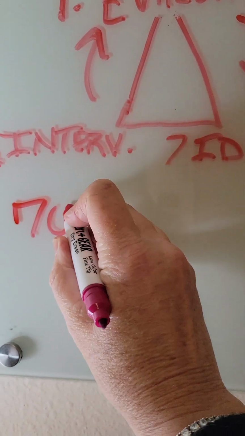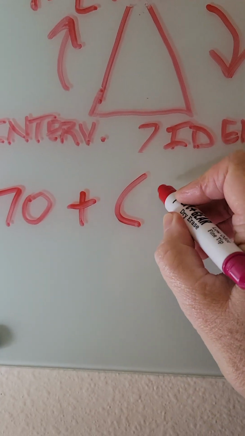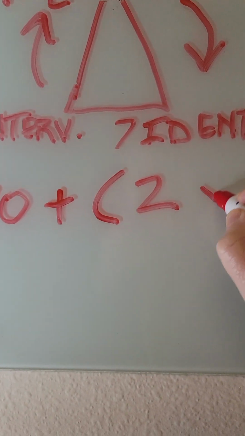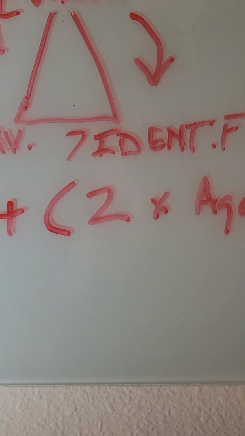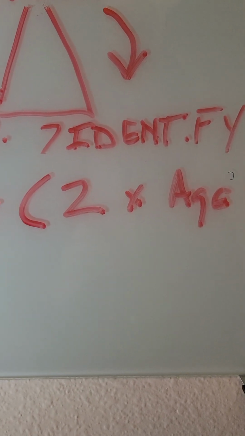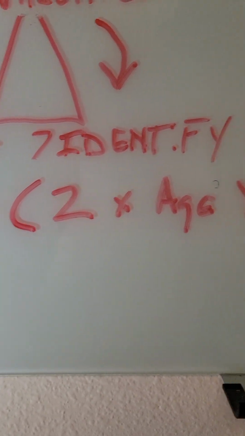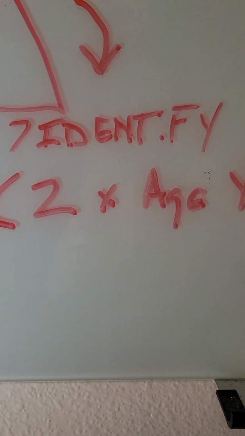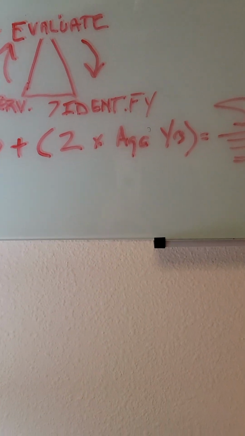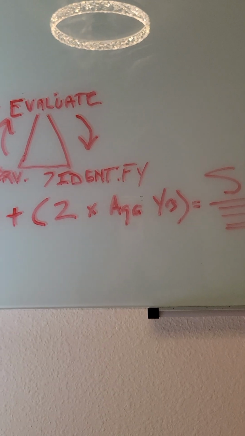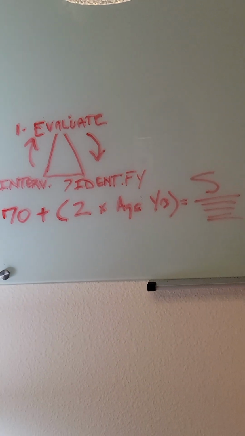Well, it's 70 plus 2 times their age in years equals systolic.